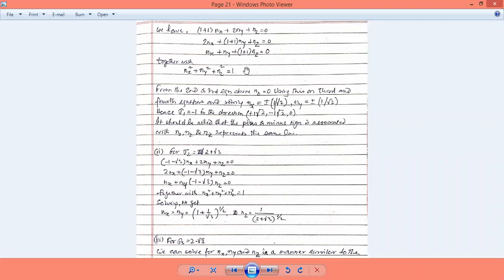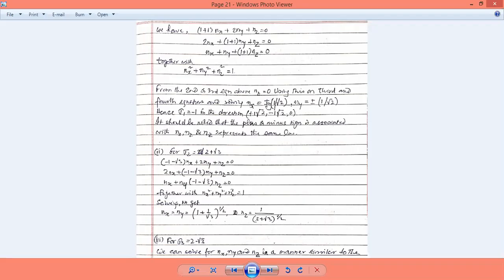So we have 4 equations, 3 direction cosines here. And on the second and third equations, if we solve, nz is equal to 0, because the third principal stress is only along the x and y axes, and there is no value in the z axis. Then from the third and fourth equations we have equations of nx and ny.